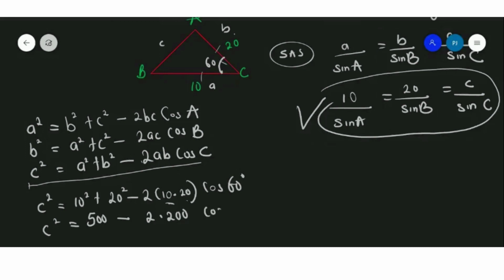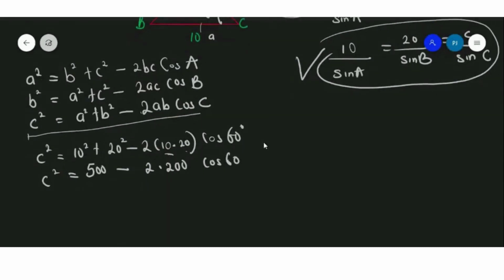So let's go ahead and finish this problem once and for all. We have c squared is equal to 500 minus 400 cos 60 degrees. I'll just go ahead and input 400 times cos 60.